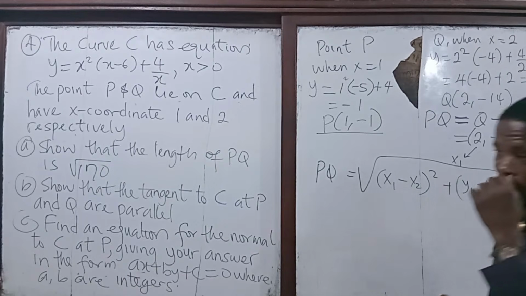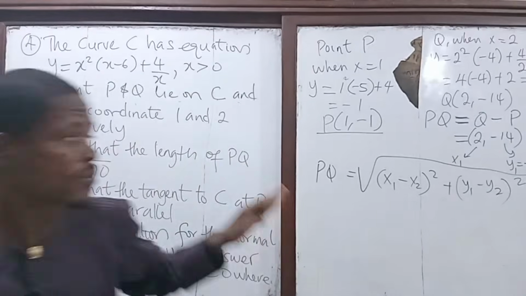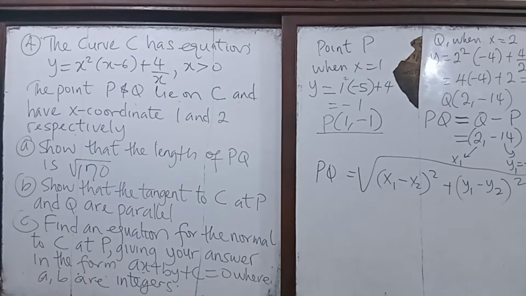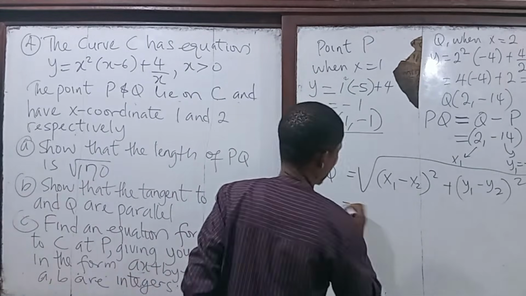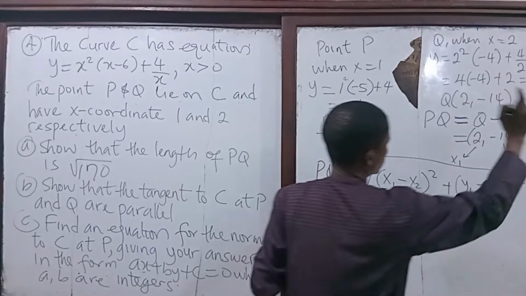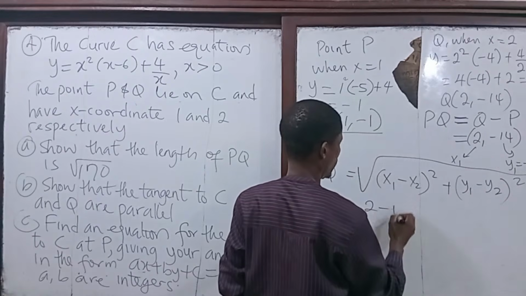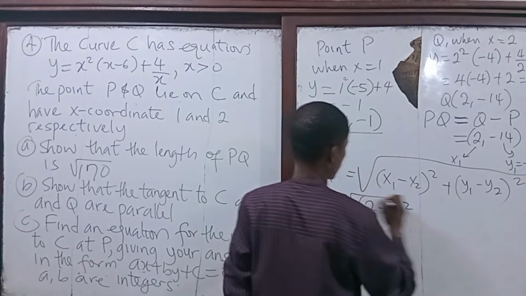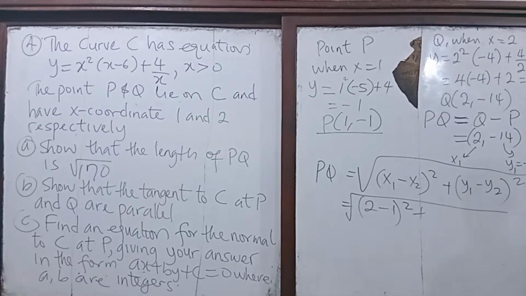So that's the distance between PQ. My x1 is 2, my x2 is 1. So 2 minus 1, square that, and then plus my y1.